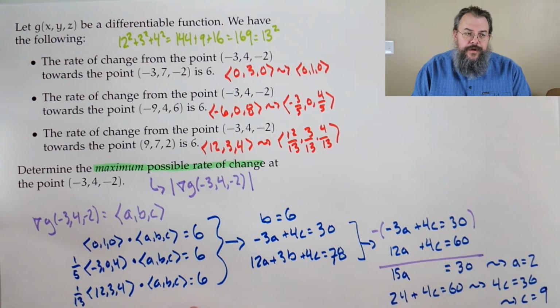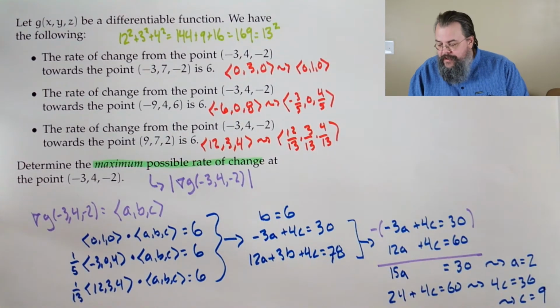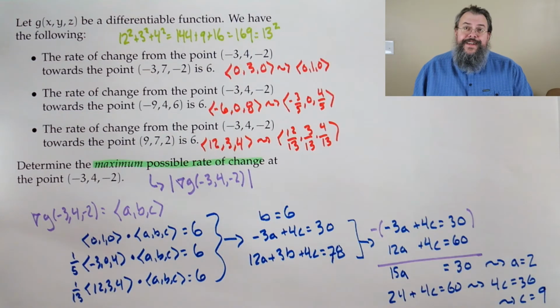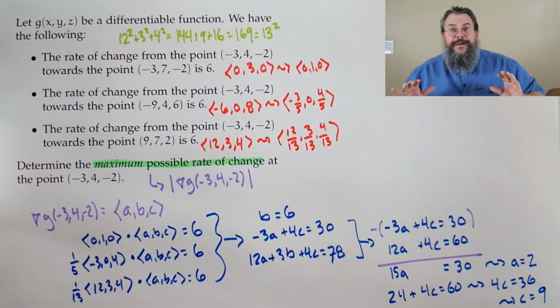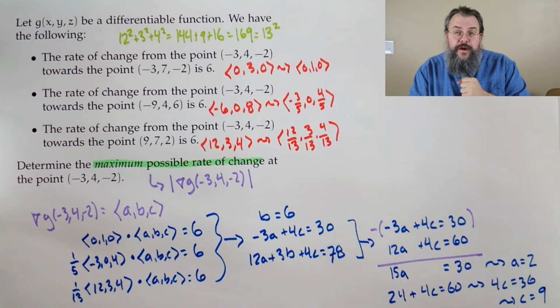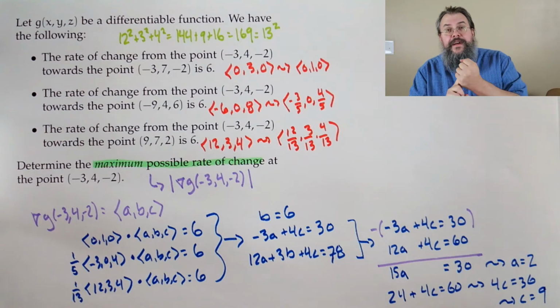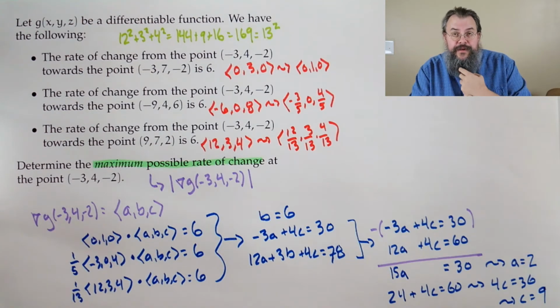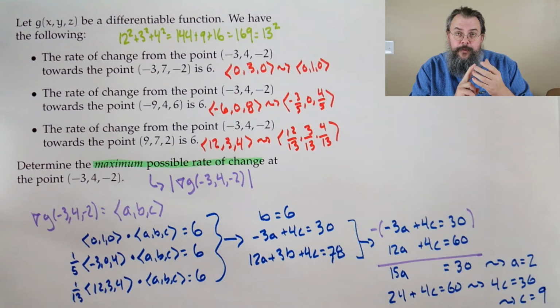Okay. All right. Good. Now, let's pause. We've done a lot of work. So we said, okay, we're after our gradient, because that tells us our max rate of change. We used our bullet points to say, oh, since these are directional derivatives, they're giving us information about the gradient. And we used the 3 bullet points, set up 3 equations, and solved for the entries.